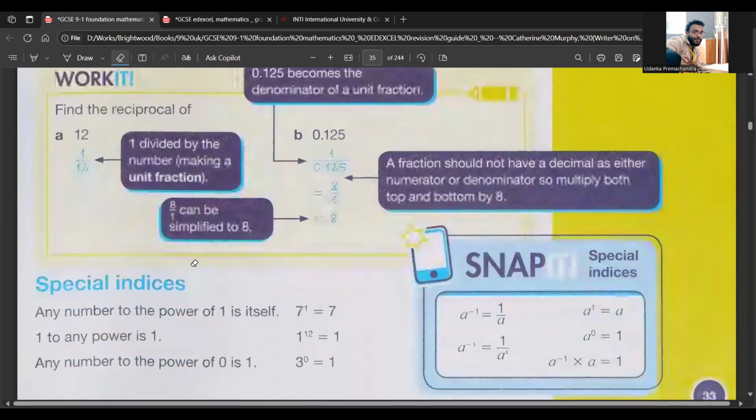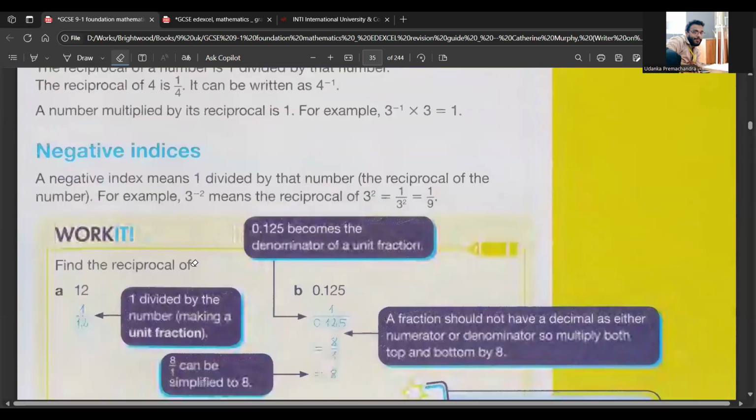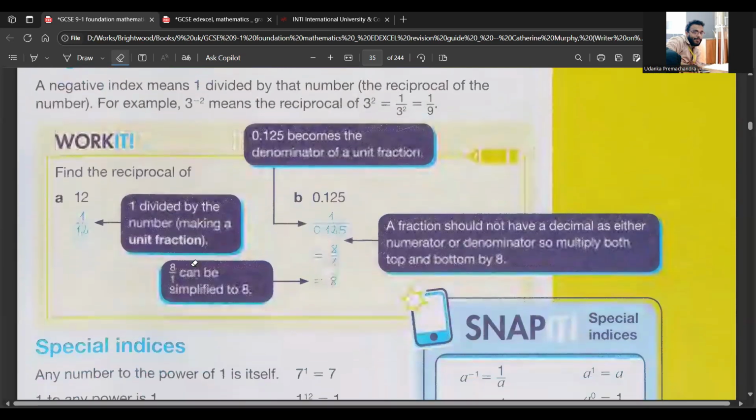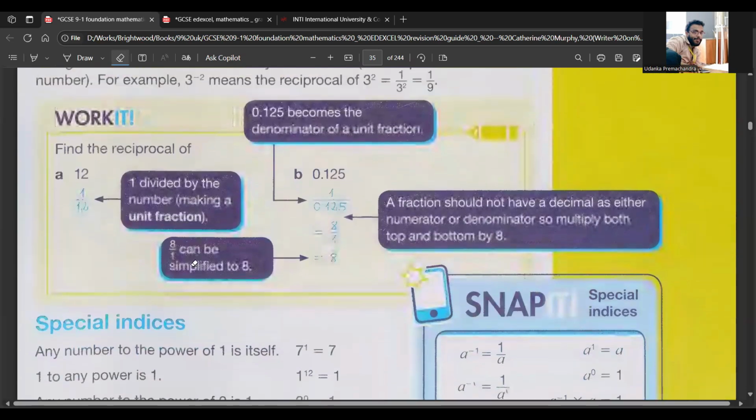I think you remember what the reciprocal is. Reciprocal means you have to change the order. Reciprocal of 12 should be what? 1 over 12. Here, what is the reciprocal of this one? First of all, you can write this one in fraction form.